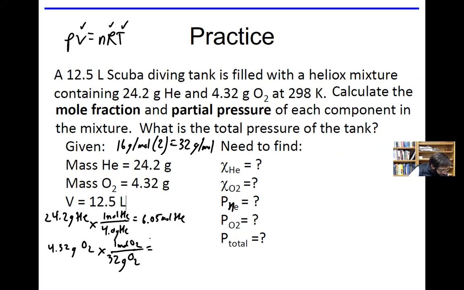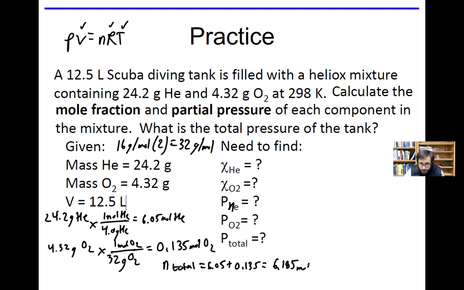If we divide that out, 4.32 divided by 32, we get 0.135 moles of oxygen. So our total number of moles is just 6.05 plus 0.135, which is equal to 6.185.